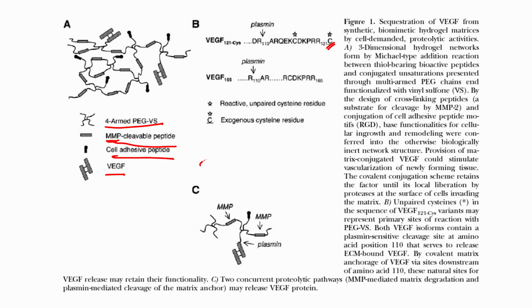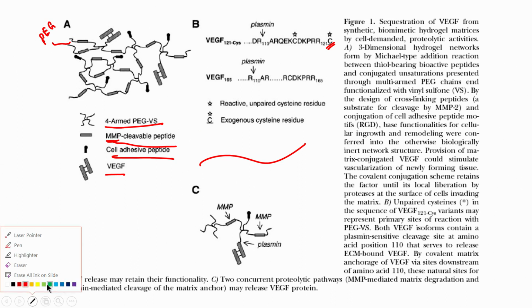So, in the system you are seeing, this is a polymeric chain. So, the PEG chain, if I use a different color, this right here is the cleavable site. So, the cells can actually break it. This is a cell adhesive peptide.